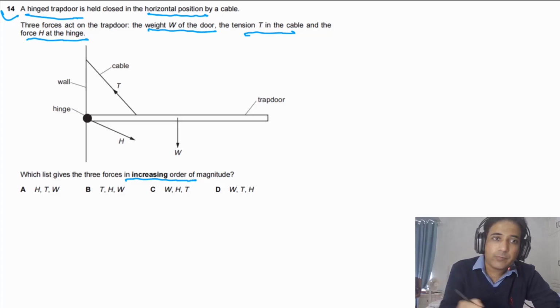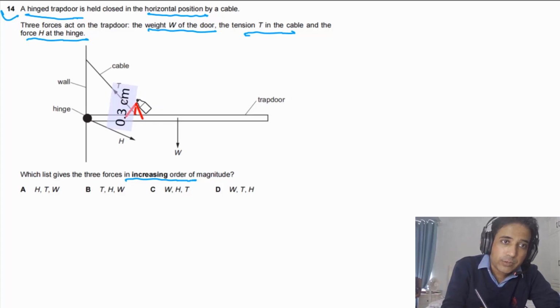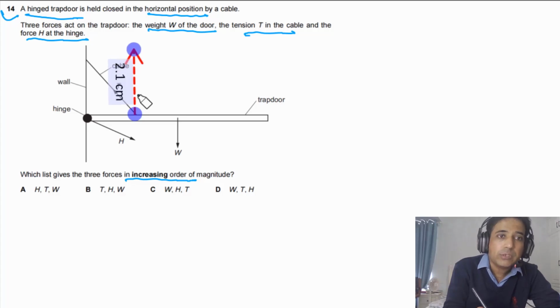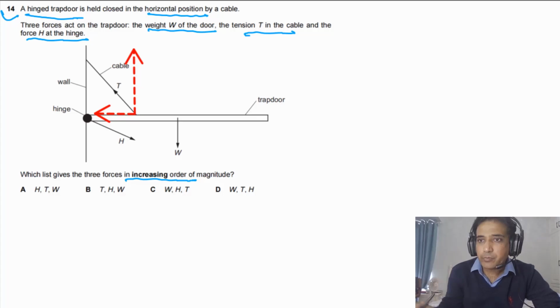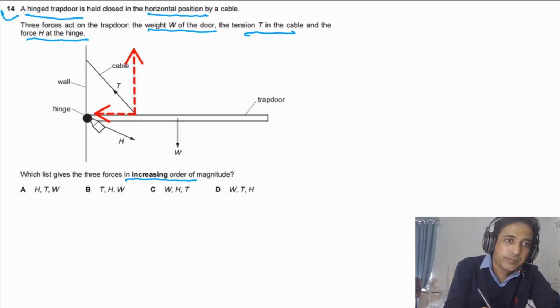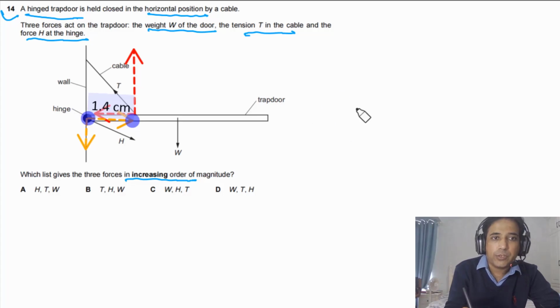So first of all, the first step we can do is resolve forces into components. We can resolve into horizontal and vertical components. So this is the vertical component of tension and this one is the horizontal component of tension. We can repeat the same process for the hinge force as well, and this has two components, one vertical and one horizontal.